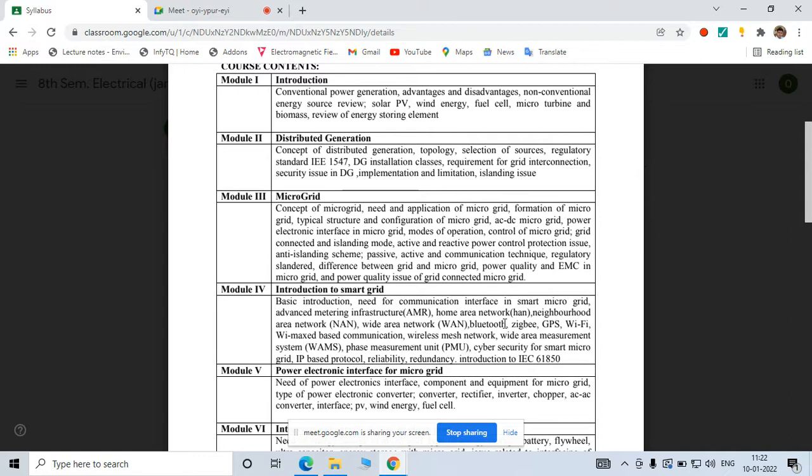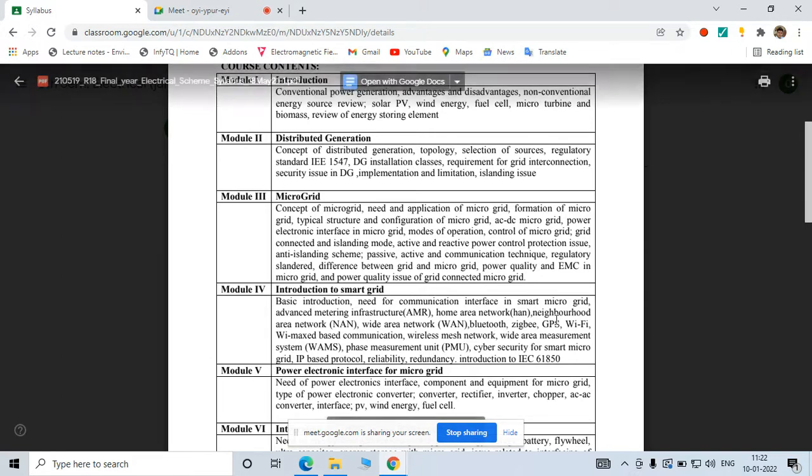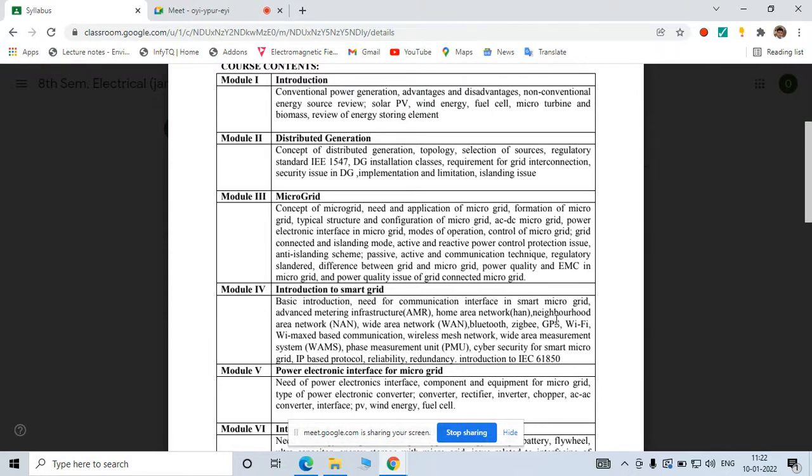Or you can run the conventional energy sources longer, if you have such data, and utilize non-conventional energy sources in the system.